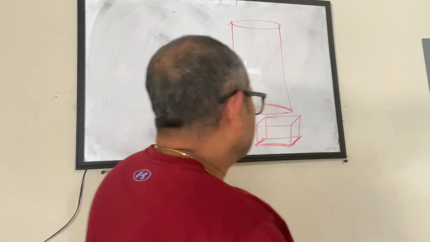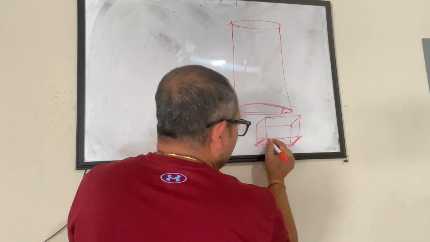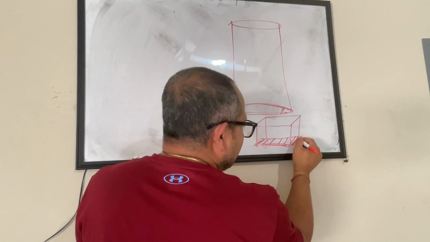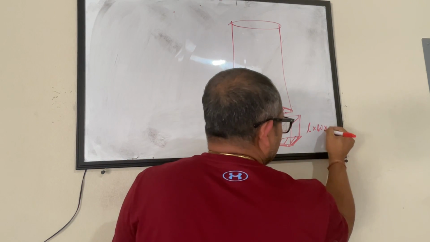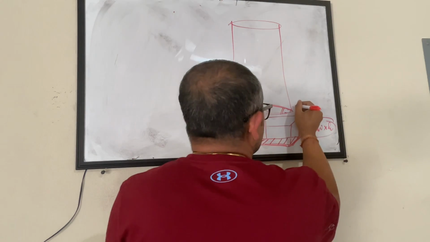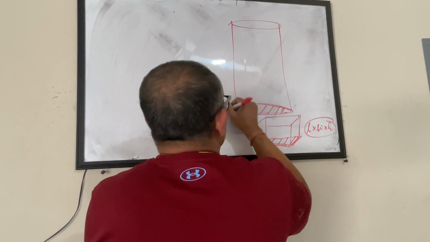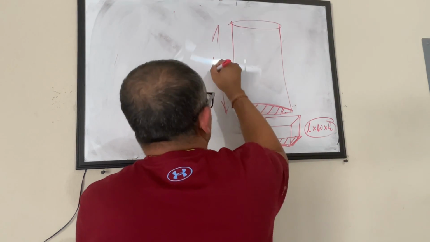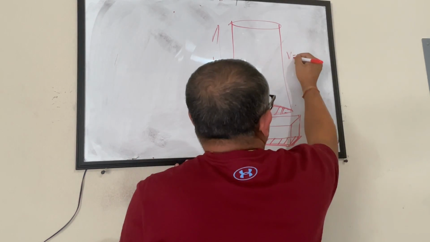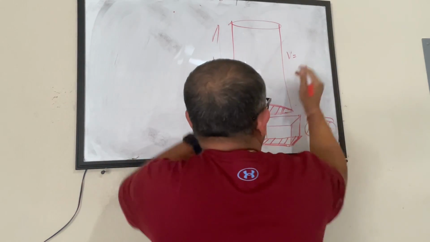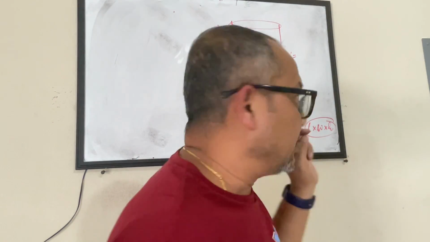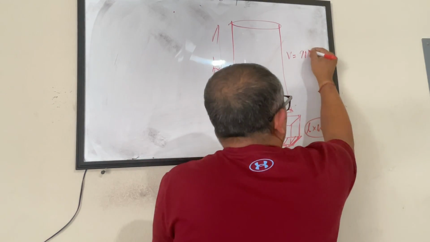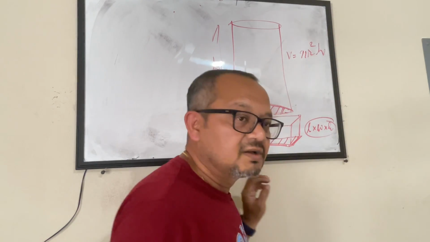There we did the area of the rectangle multiplied by height. The area of the rectangle is length times width, multiplied by height. Here also we do the same thing: area of the base multiplied by height. So the volume of the cylinder is the area of the base. What is the area of a circle? Pi r squared, multiplied by h. This part is okay?